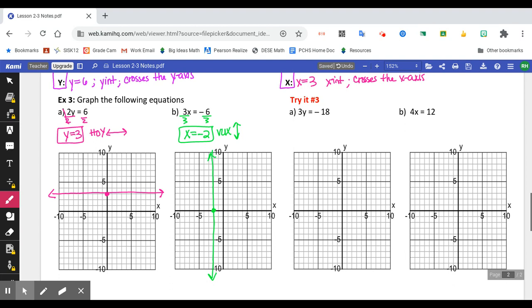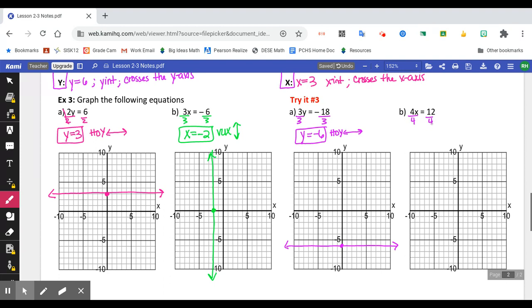through that axis. Okay, pause the video and try your own. So this one is divide by 3. So y equals -6. Y says HOI, and HOI is horizontal. So I'm going to go to the y at -6 and put a point. And my line goes through that axis, not on top of it, through it.